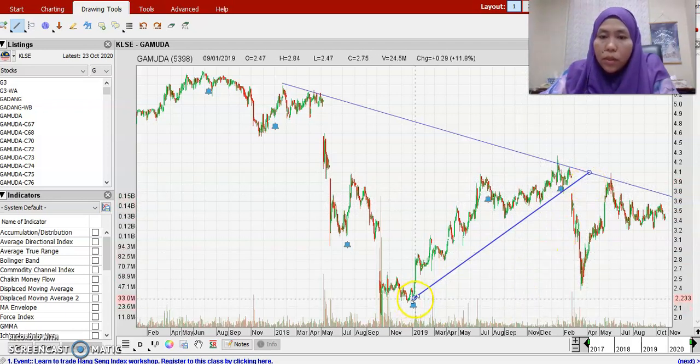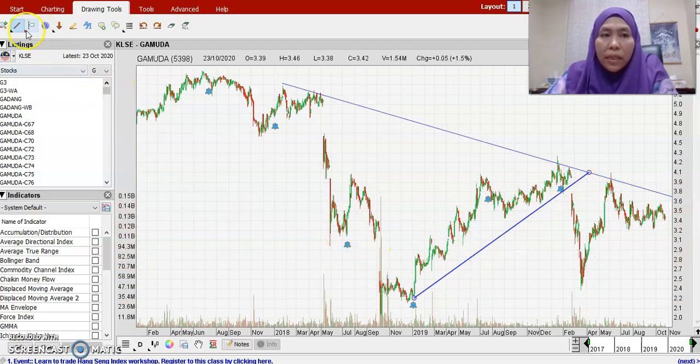This time we are connecting the low points, and the rule is the next low must be higher than the previous low. So we can see that in the short term, or intermediate trend, it is an uptrend.